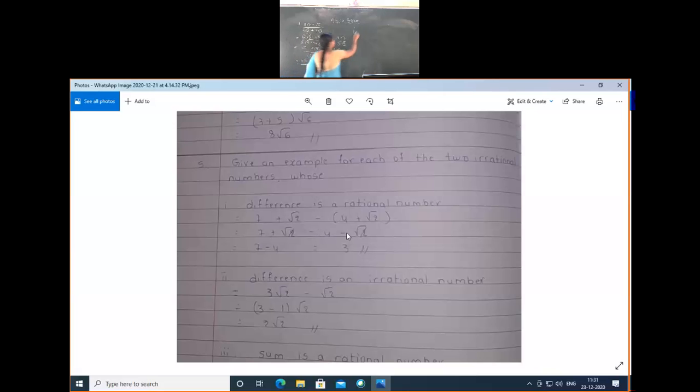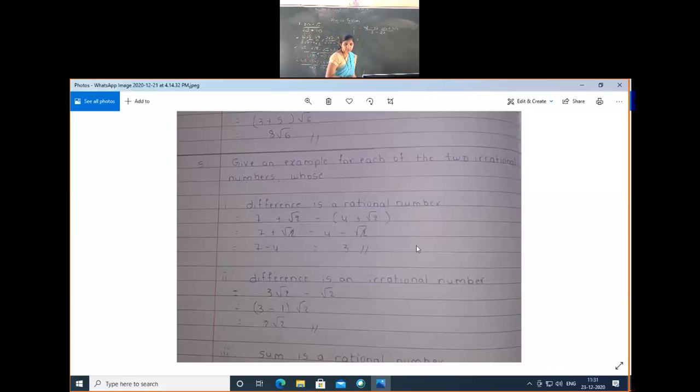Okay, what is the next step actually? 4 root 6 minus 18 minus 2 root 10 plus 3 root 15 divided by 4 2s are 8 minus 9 3s are 27.